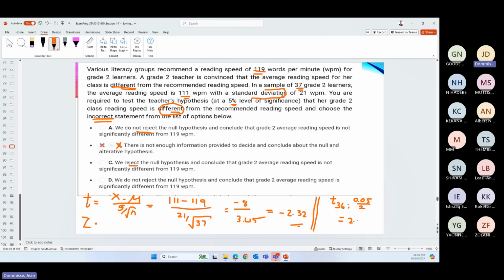So, 2.0281. Let's draw it in here. It's a very small space. But there is your 2.32 negative. But remember, we know it is two-tail. So there's a 2.32 that lies within that area.